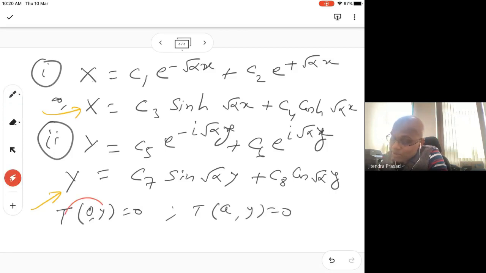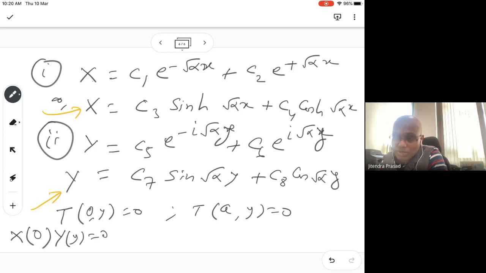Now let's put it in x and y, in both the cases. What do we get? When you put 0 here, if you get 0 here, then x0 and y has to be equal to 0.